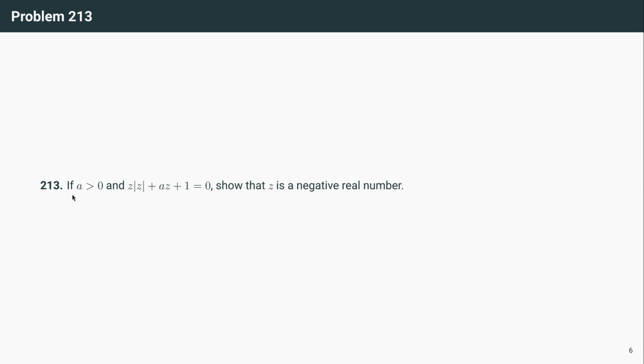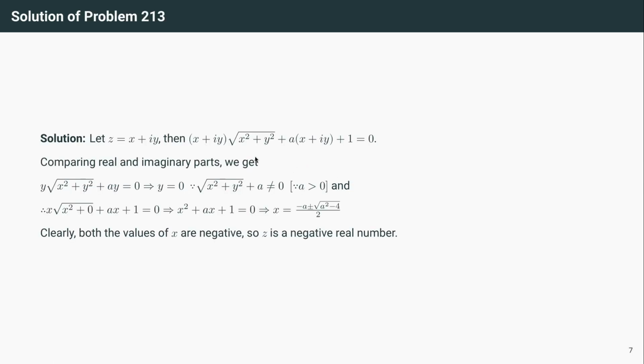Problem 213 says: if a is greater than 0 and z mod z plus az plus 1 is equal to 0, show that z is a negative real number. As always, we let z be equal to x plus iy. Our given equation becomes (x plus iy) into square root of x squared plus y squared plus a(x plus iy) plus 1. Now we compare the real and imaginary parts.